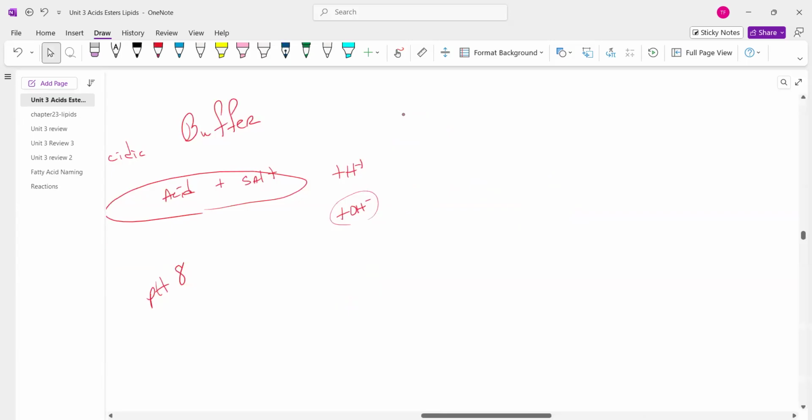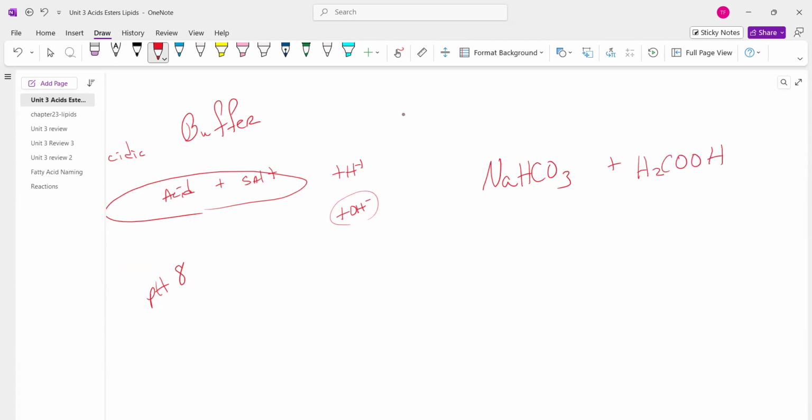Okay, so this is baking soda, and this is carbonic acid. Basically, that's CO2 and water.